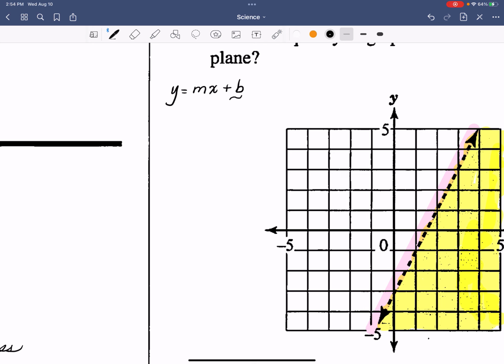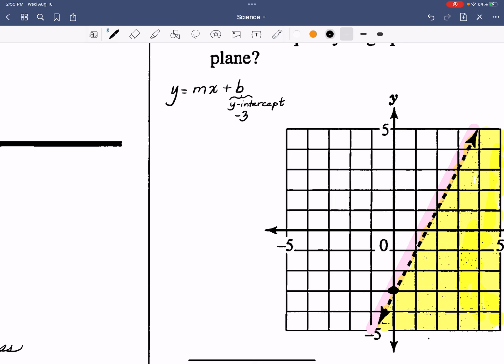B is the y-intercept in this form, and that simply means where does this pink line cross or intersect the y-axis. So here's the y-axis, and I have to come all the way down to here to get the intersection of those two. That is at -3. So the y-intercept is at -3, right here.